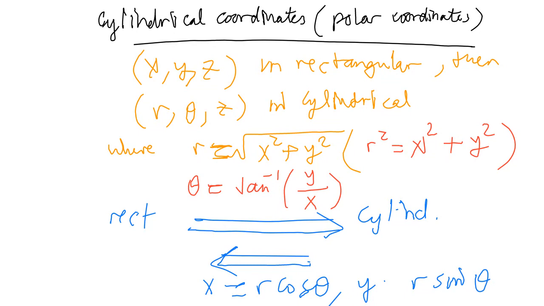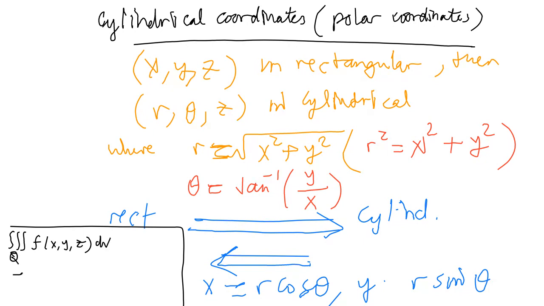Now for integration in cylindrical coordinates, if you want to integrate over Q f of x, y, z dV, this is the same as the triple integration over Q of f of r, theta, z, but r dV. dV in this case is what? r dr d theta dz.